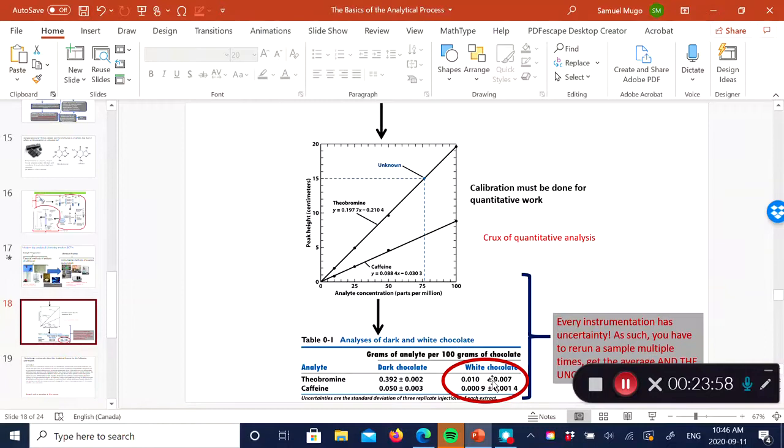You must always give the mean with the standard deviation, because instruments have different uncertainties. We really want to know in what range the true value lies, and so we need to represent the data that way.